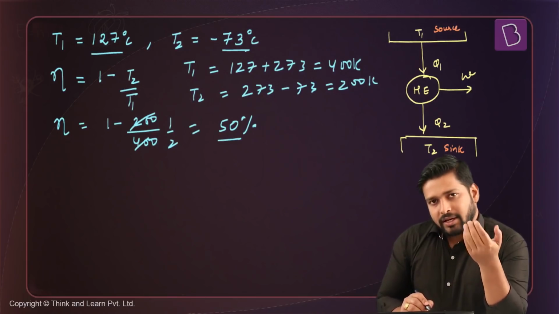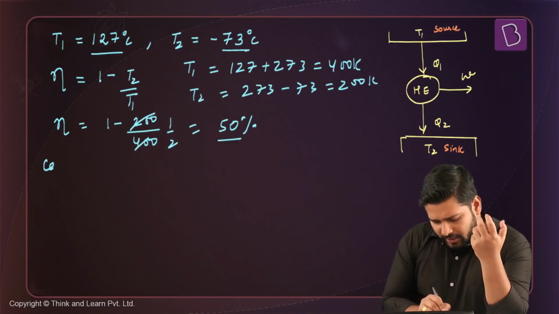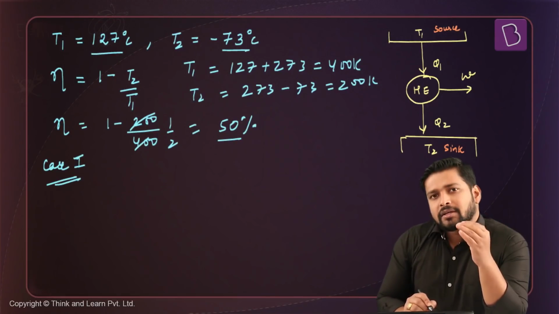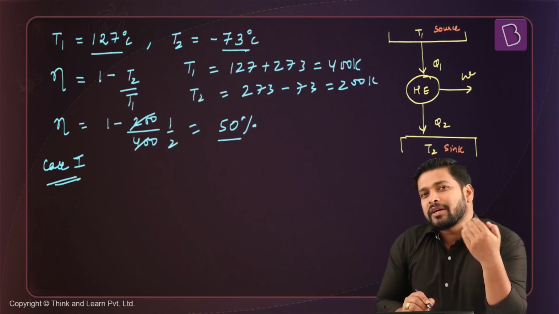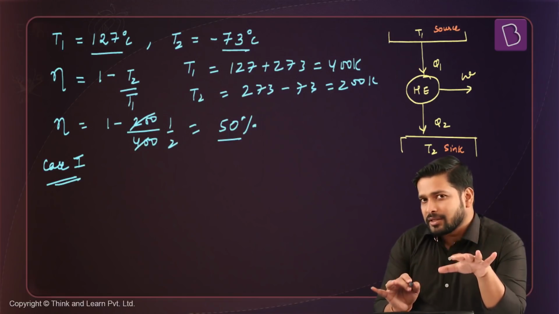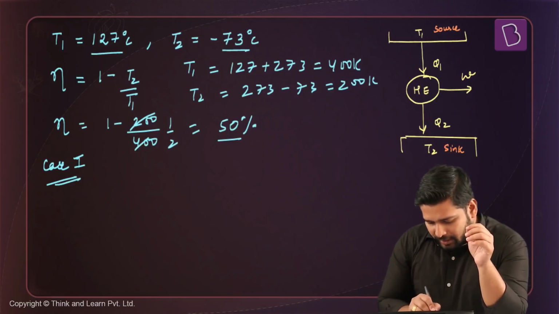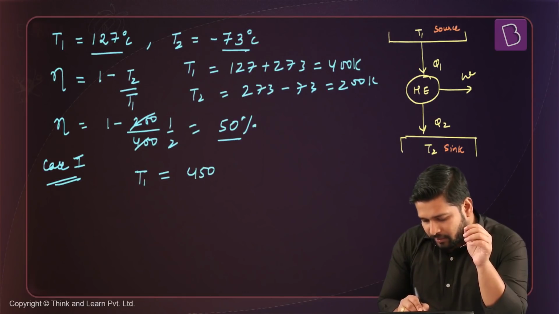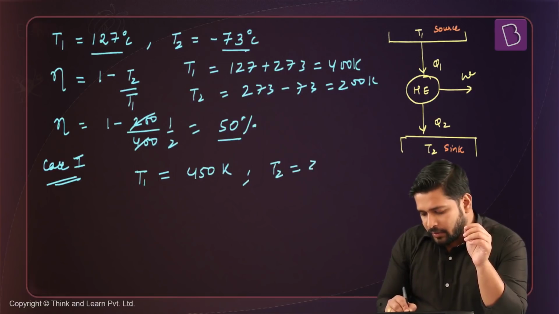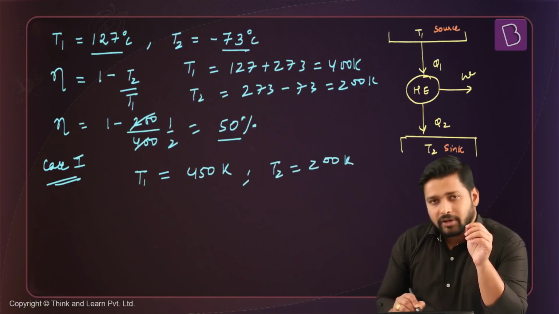Now let us see the next case, let us see what happens in case 1. So in case 1, they have told that they increase the temperature of the source by 50 degrees Celsius, but the sink remains the same. All right. So if I increase the temperature of the source, then my T1 will become 450 Kelvin and T2 remains same, right? So T2 is still equal to 200 Kelvin, right?